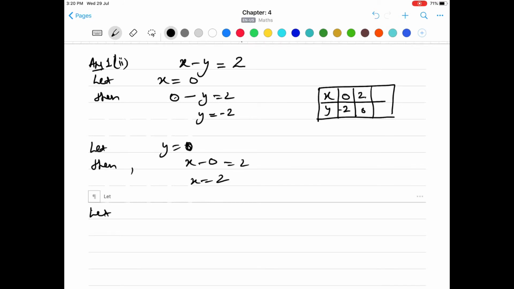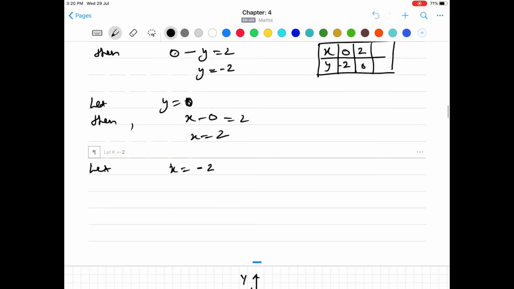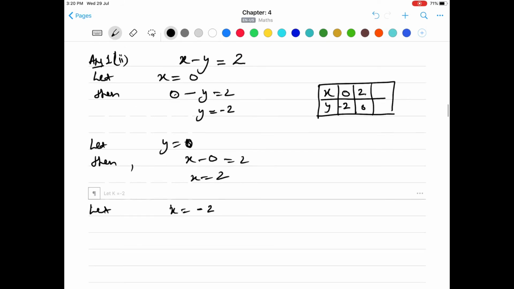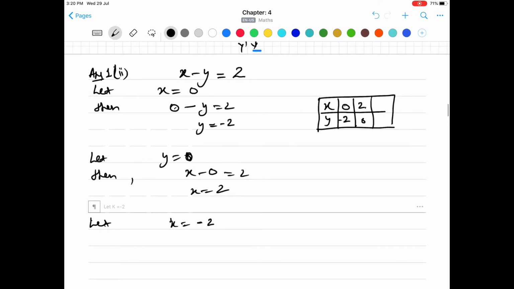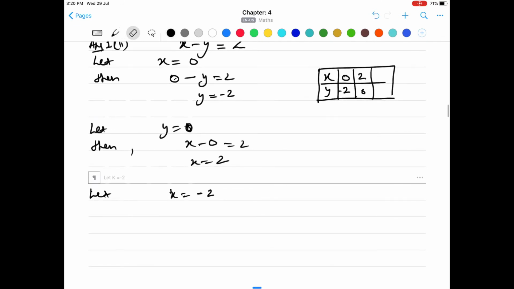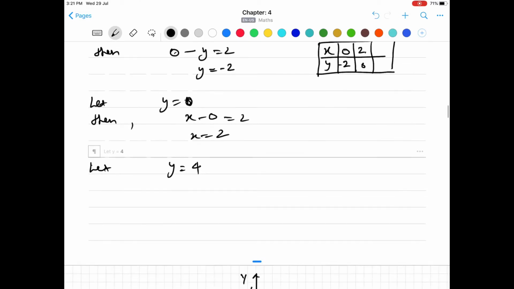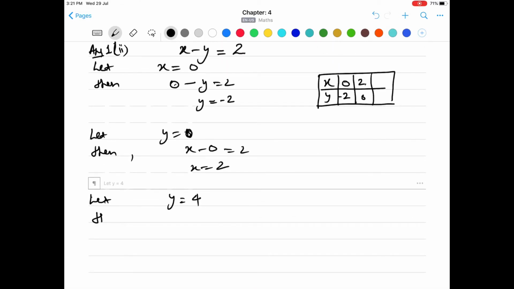Then let's take now y equals to 4. At the place of y we'll write 4.